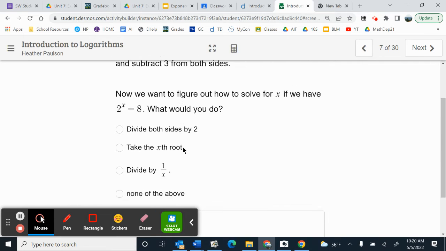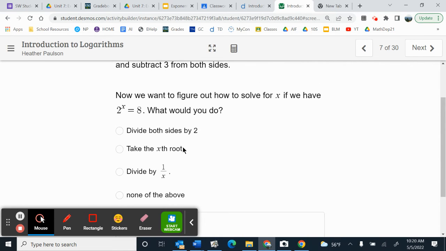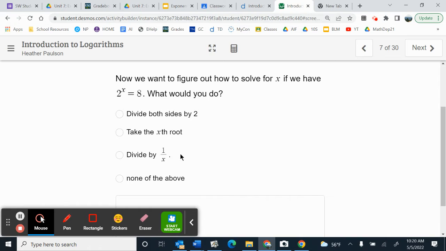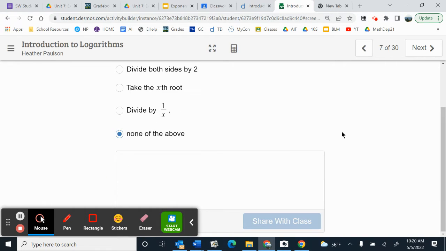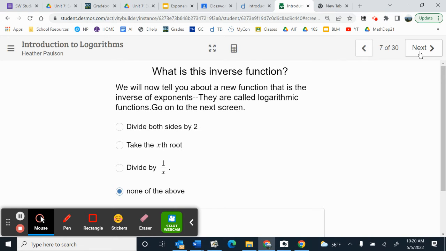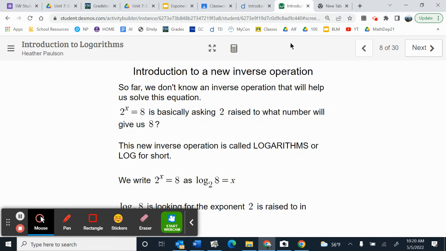In slide 7, there's nothing that we can do to solve this equation in the options that we have. So it's really none of the above. We need logarithms. So please read here. How many times do we multiply 2 by itself to get 8? 2 raised to what power will give us 8?